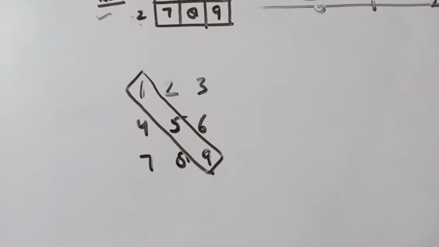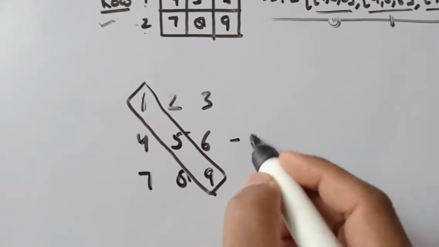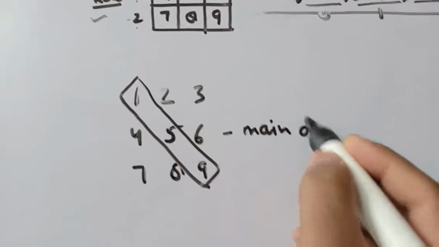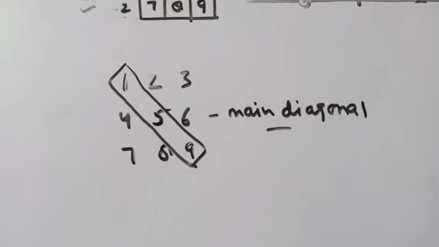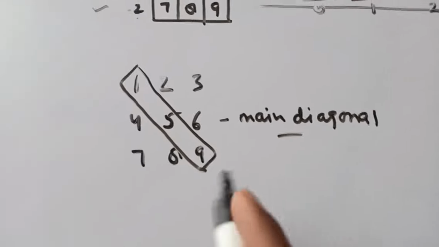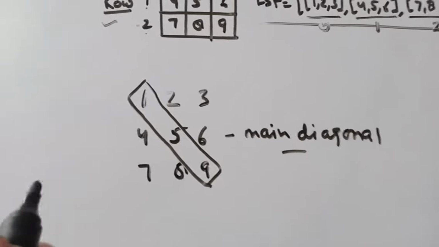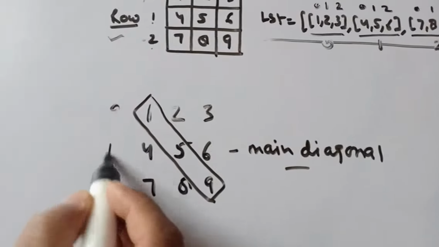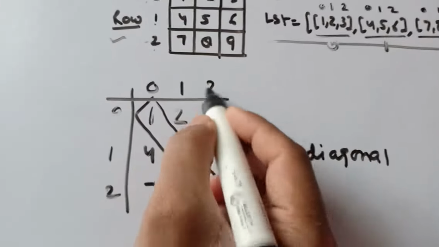My need is to print the values which lie on the main diagonal of this matrix. For this, I am writing a code. Before this, look there. These are the addresses 0, 1, 2.